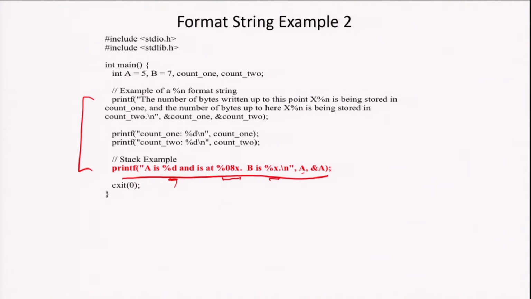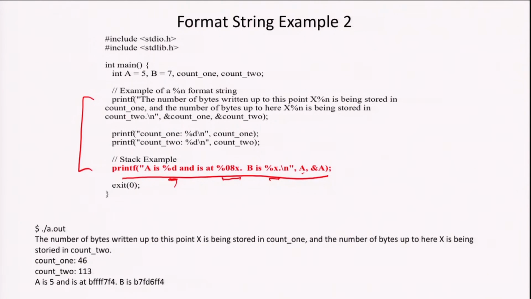Let's see what happens. It says a is 5, address of a is this, but then for b it is printing something. What is this something? This something is actually the address of a. Now why is it printing the address of a again?